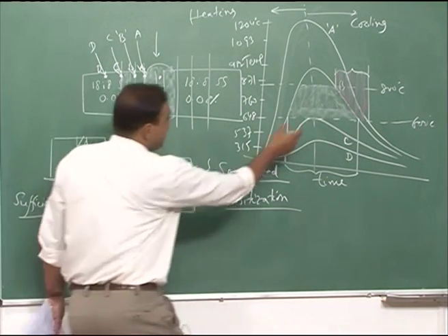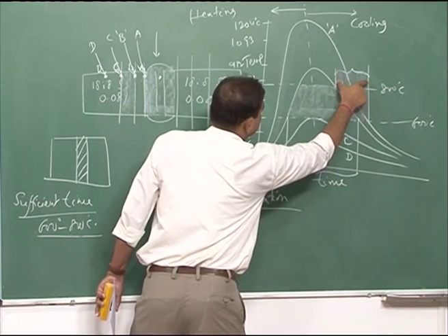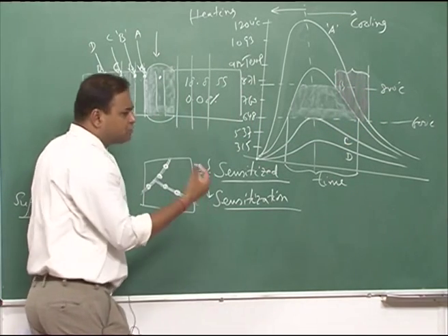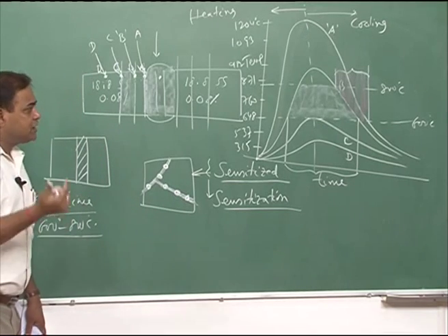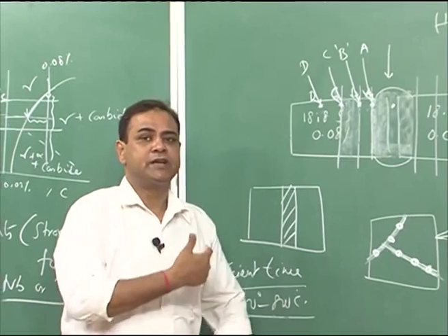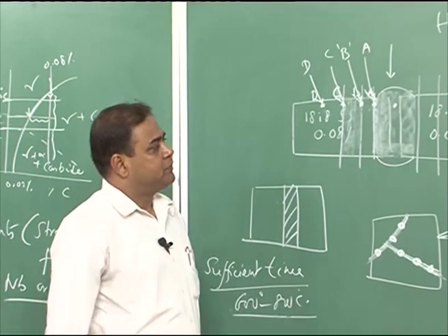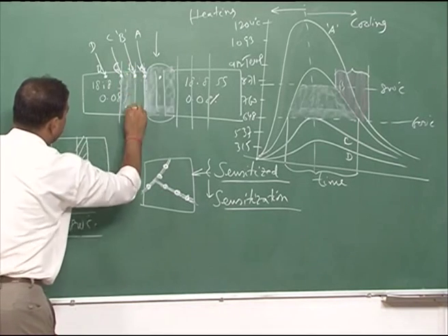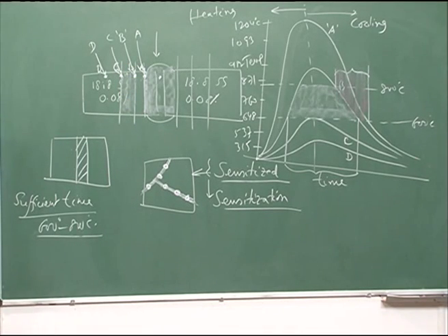And here, though we have spent some time in this 600 to 800 degrees Celsius temperature zone, the time is so short that it will not allow the chromium carbide to form. At the same time, it will not allow the chromium carbide to grow. So, we see that in this zone, we have the possibility of sensitization.